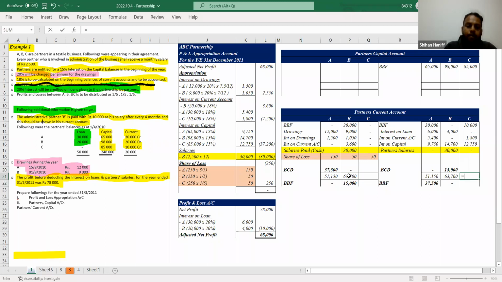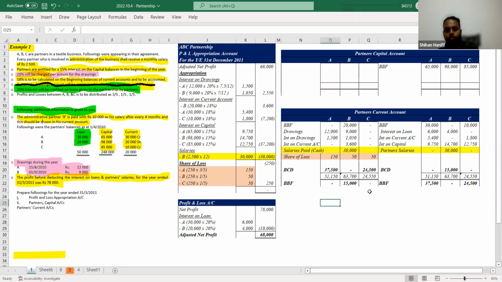Then C, credit side is more. $24,500. Okay.